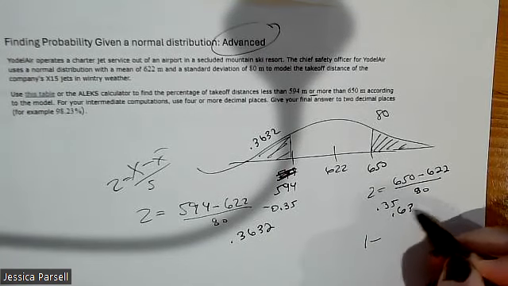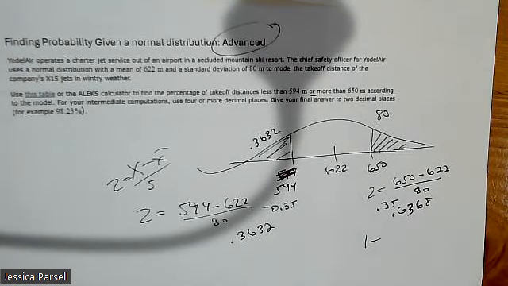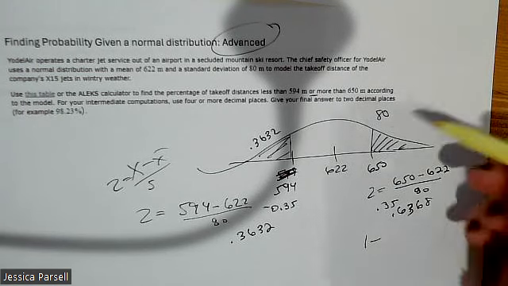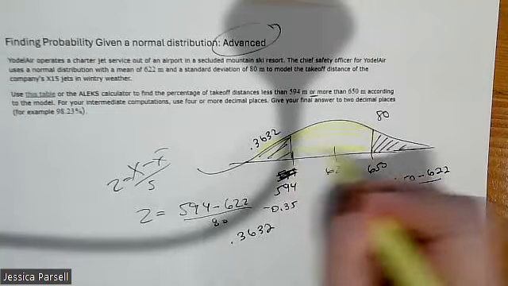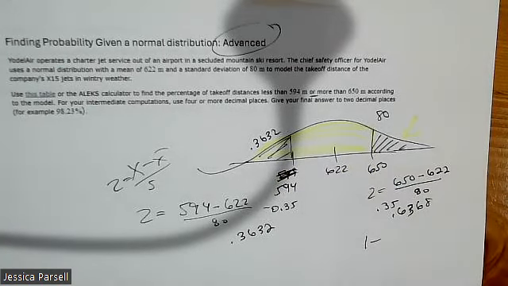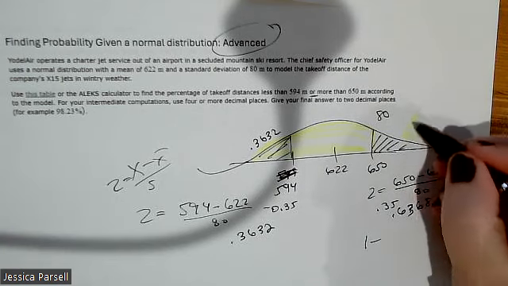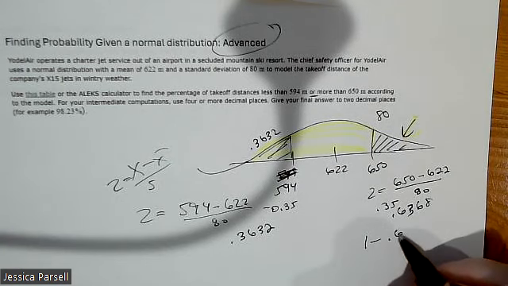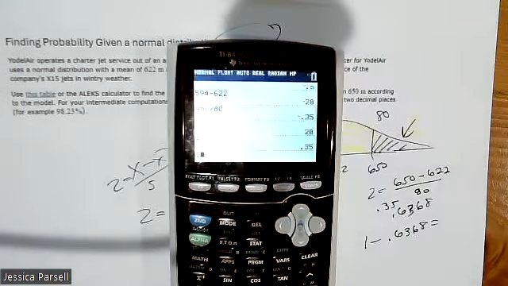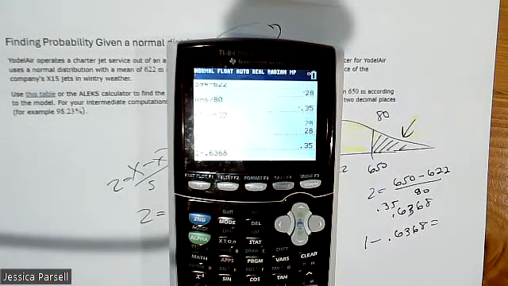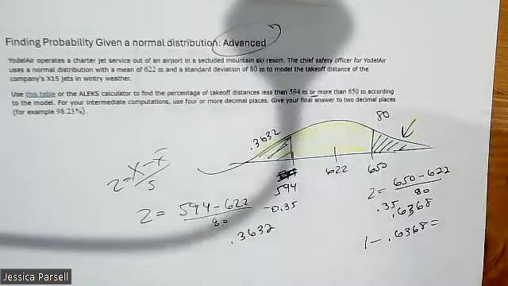Now remember, that is 63%. That's all of this. We don't want all that. We want just this little chunk right here. So 1 minus 0.6368 is 0.3632.